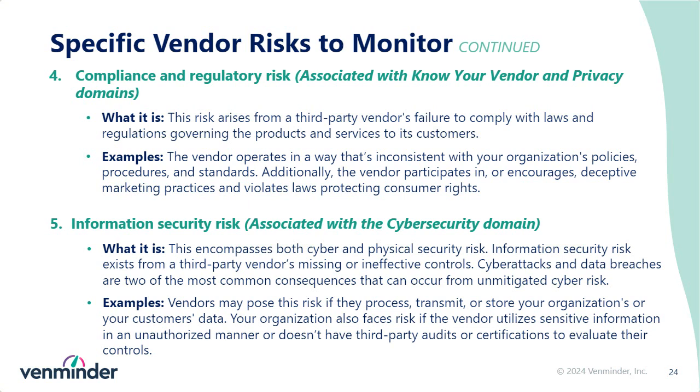Some examples: vendors may pose this risk if they process, transmit, or store your organization's or your customers' data. That's pretty much all of your vendors these days. Your organization also faces risk if the vendor utilizes sensitive information in an unauthorized way. Maybe they don't have third-party audits or certifications that can evaluate and validate that these controls exist.